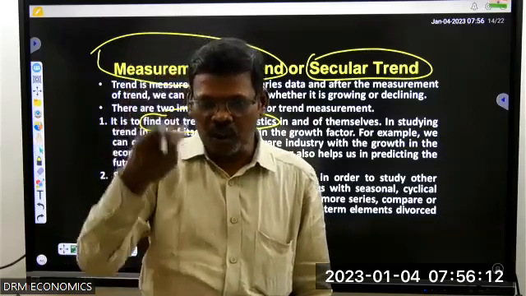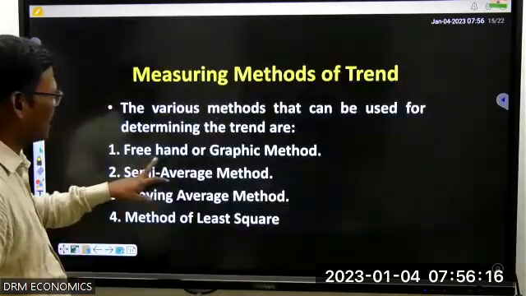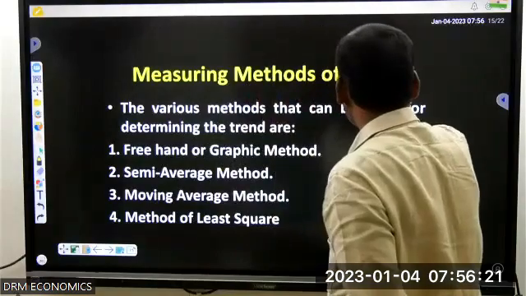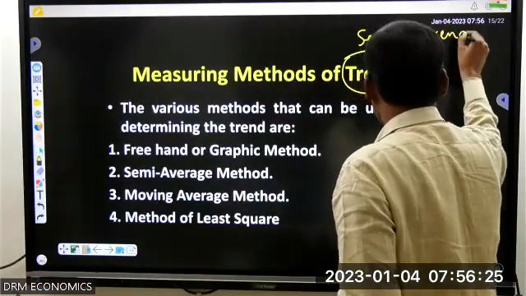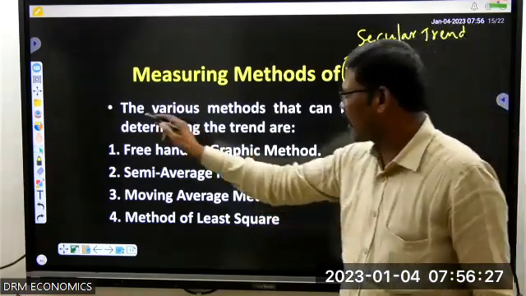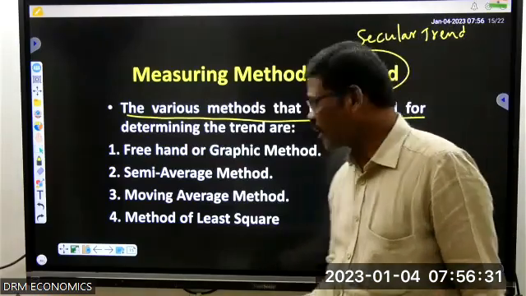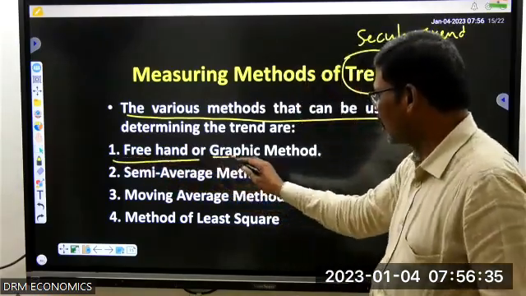So because to know these 2 points, we are going to measure this trend particularly. In the secular trend, to measure it there are various methods that can be used. Among them, one is the freehand method, which is called the graphic method.